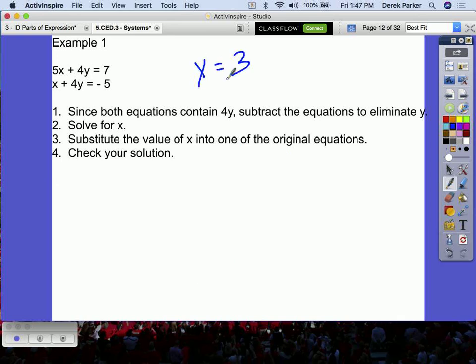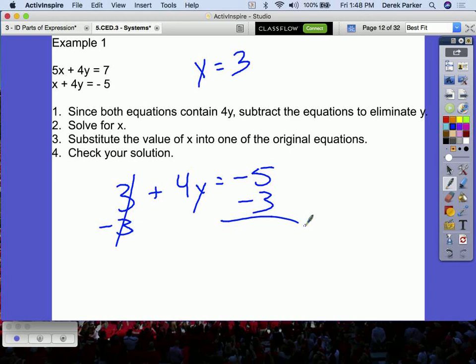x equals 3. Now that I've solved for x, I am going to substitute the value of x into one of the original equations. If it were me, I would pick the second one because I don't have to do anything with it. I just plug in x is 3. So 3 plus 4y equals negative 5. Subtract 3 from both sides.